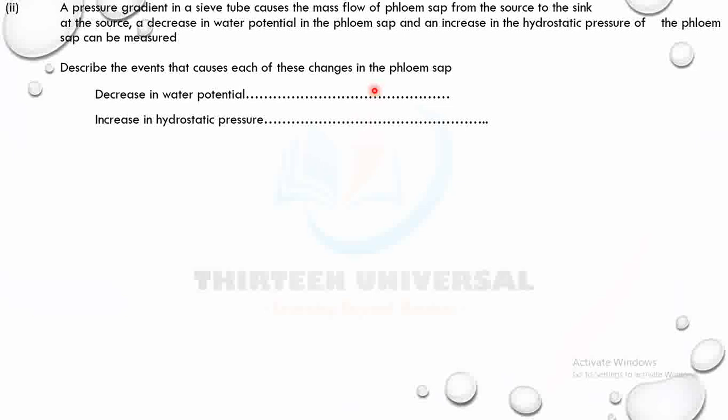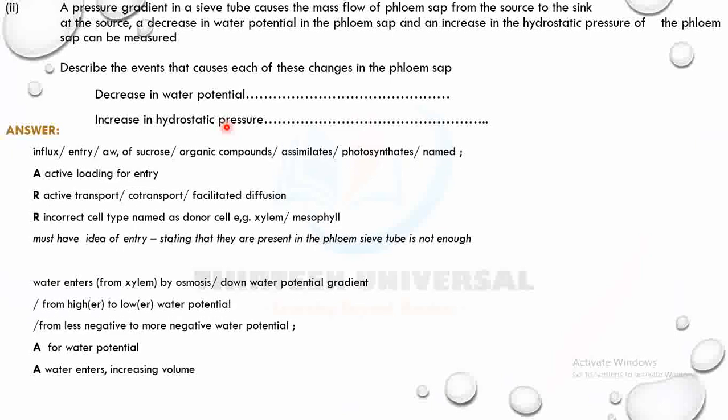When sucrose is loaded into the sieve tube, sucrose is a solute, so that decreases water potential. So the loading of sucrose from the companion cell into the sieve tube element decreases water potential. The increase in hydrostatic pressure is as a result of water moving from neighboring cells into the sieve tube by osmosis. Active loading, sucrose enters, water moves in by osmosis.